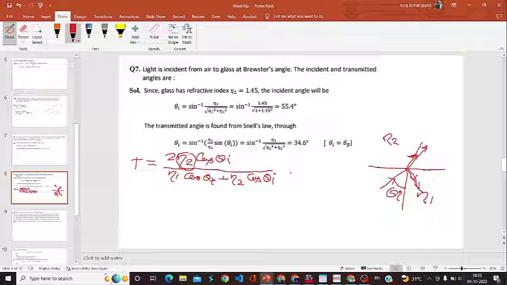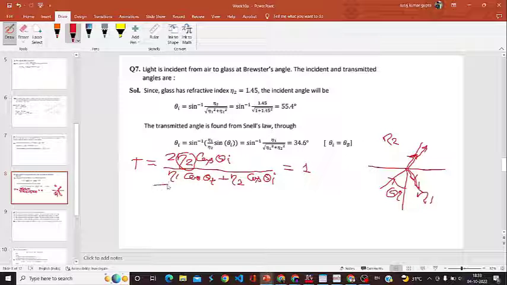Okay, we have to know that in the case of the Brewster angle the transmission coefficient should be 1. Means whatever is incident, the whole of it will be transmitted to medium 2.